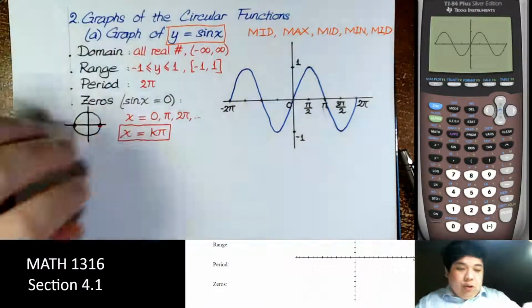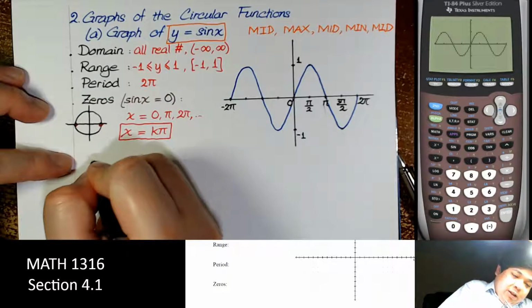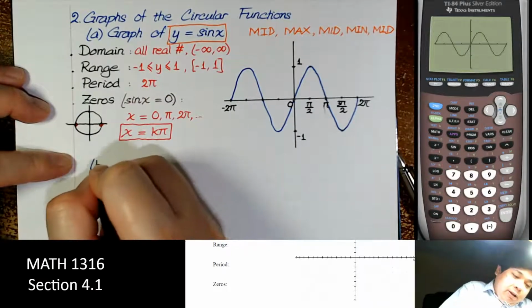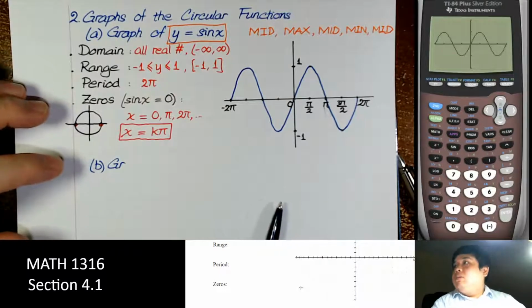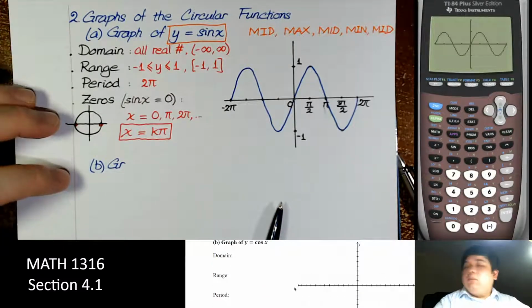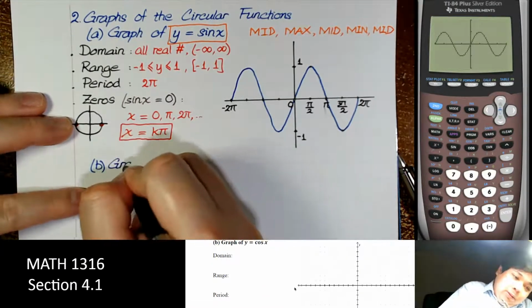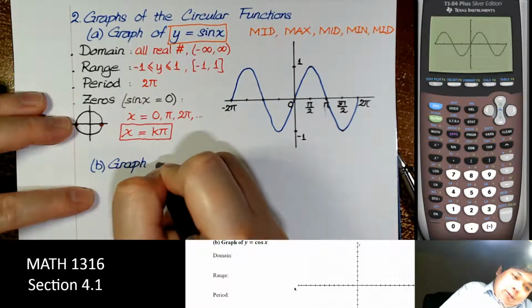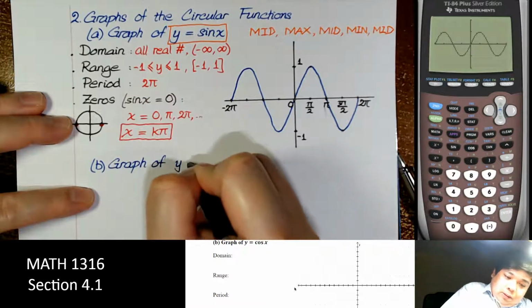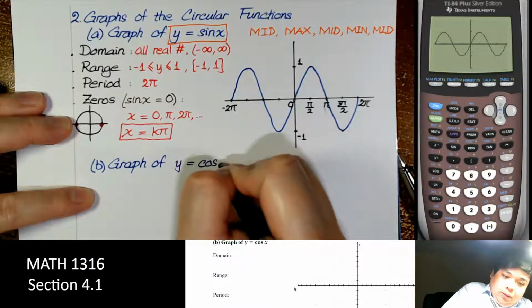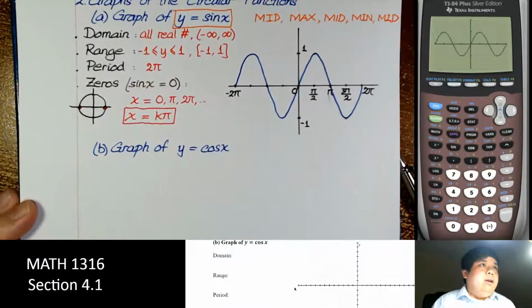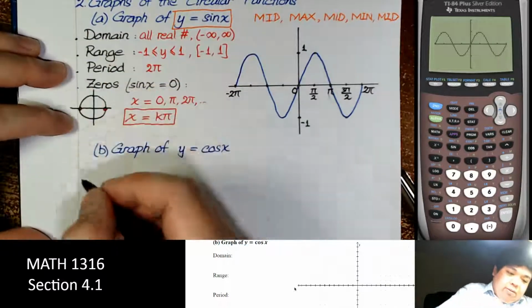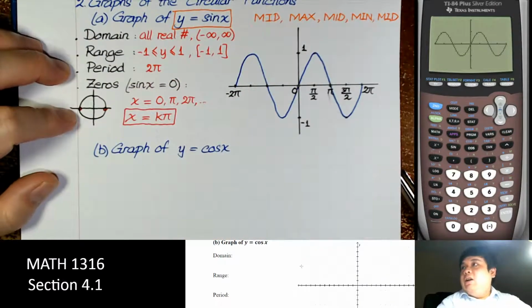Now let's go to the graph of cosine. Right, and we will have these 4 things too.